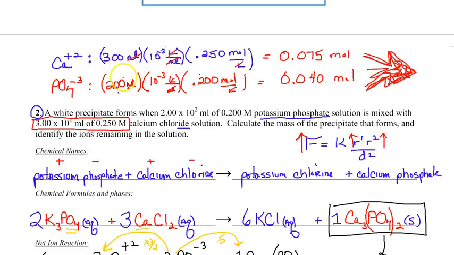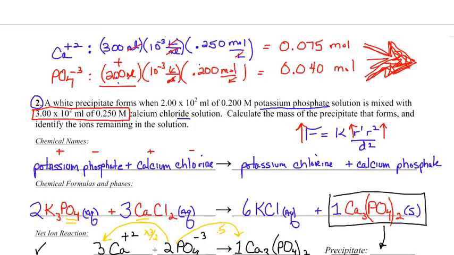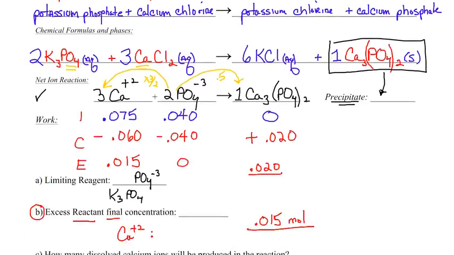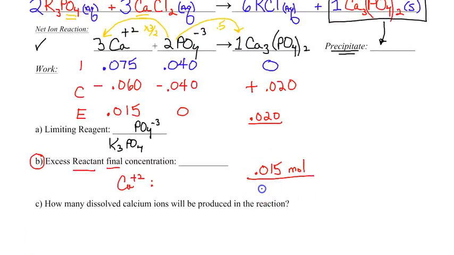So 300 plus 200 gives me a total of 500 milliliters, right? I'm going to add these two solutions. We're assuming that the volumes are additive. In any case, you add them together, you get 500 milliliters, which is essentially 0.5 liters. So we're going to put that in the bottom. So the total new volume is 0.5 liters.